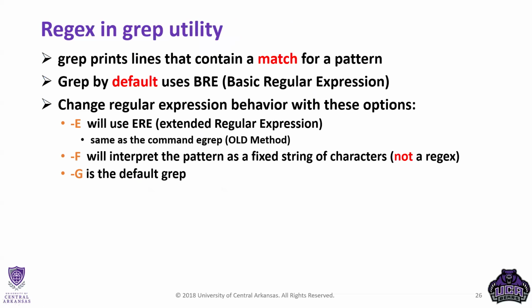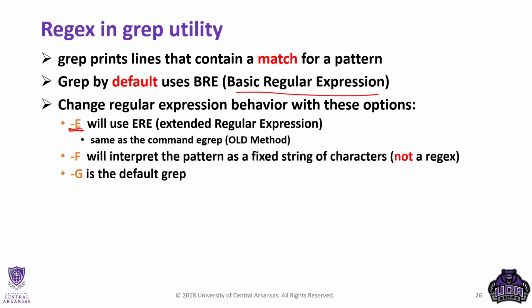Okay, so with the grep utility, we've seen that a lot. By default, it does just the basic regular expression. If we want to do the extended, we have the -E. But note that you'll see on the internet a lot, the grep and egrep. Egrep's being kind of phased out. At first, the grep command didn't support the extended regular expressions, but then they decided, why have two different commands to do the same thing?